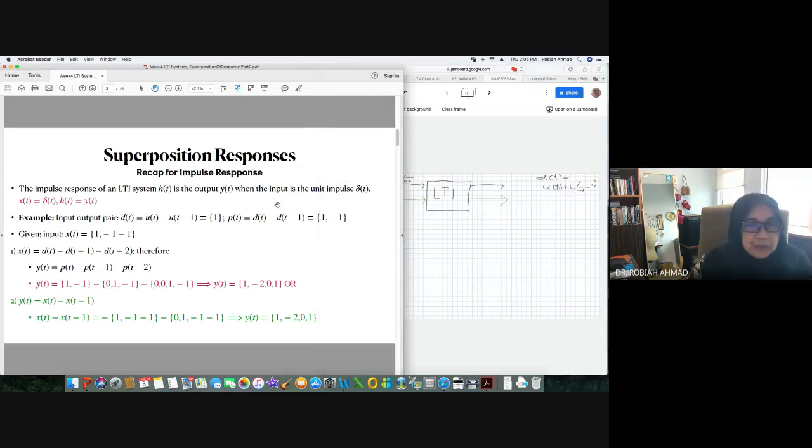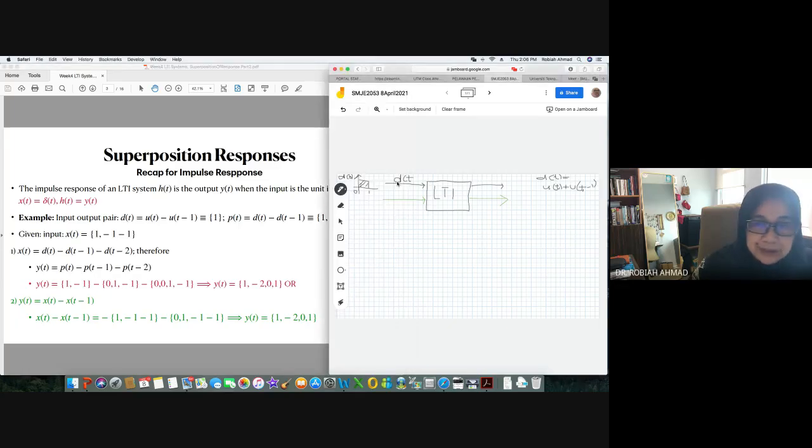Then, given the input-output pair, we have delta(t) and then we have p(t). There are two solutions that we can find if we are given an input and we need to find the output. One way is that with the given input, we find the relationship between the given input and the one that was put into the system, in our case delta(t).